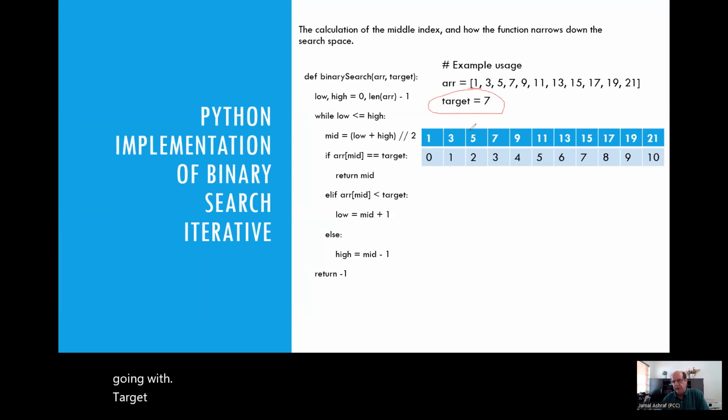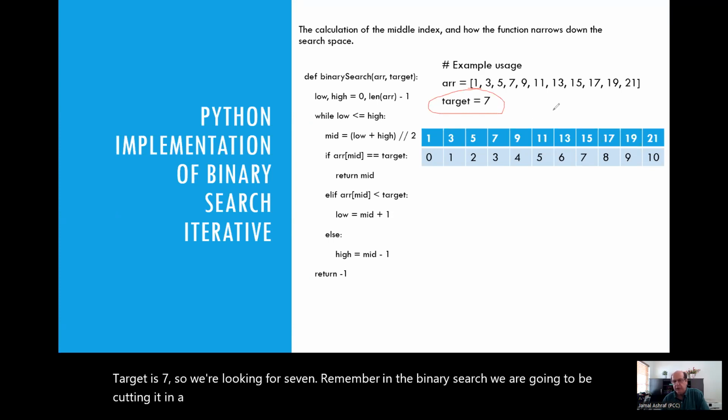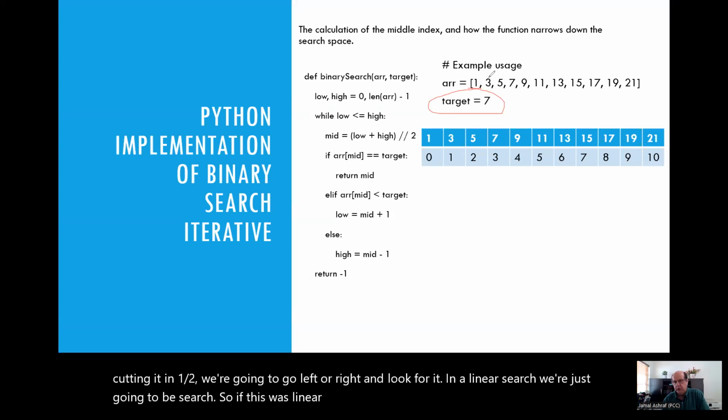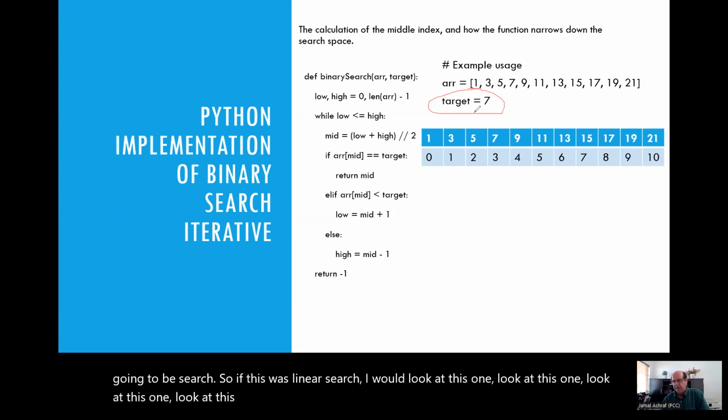So we're looking for 7. Remember, in the binary search, we are going to be cutting it in half. We're going to go left or right and look for it. In a linear search, we're just going to be searching. So if this was linear search, I would look at this one, look at this one, look at this one, look at this one. We would have 4 visits to find my target if it was linear. So that would be my target that I'm looking for.